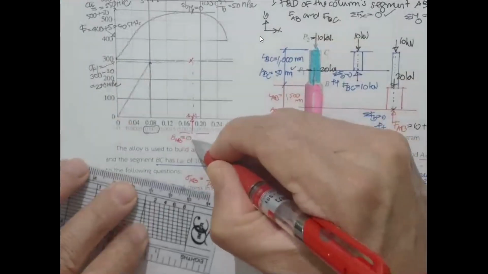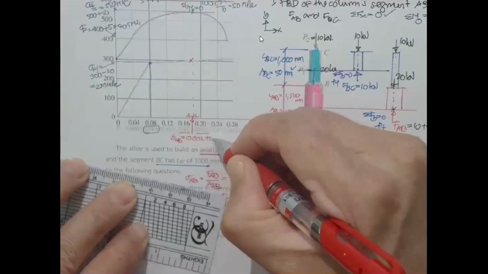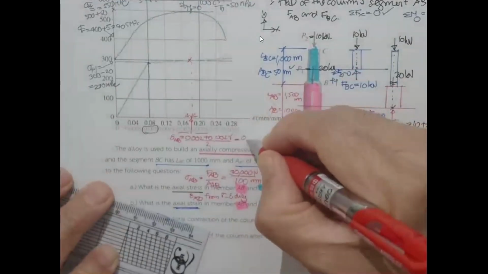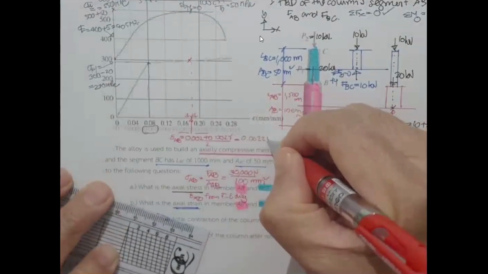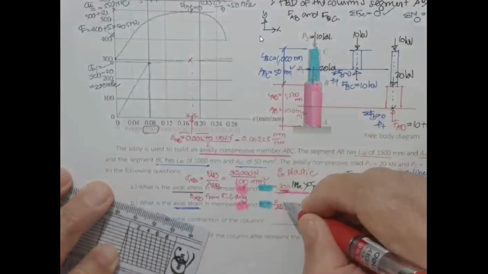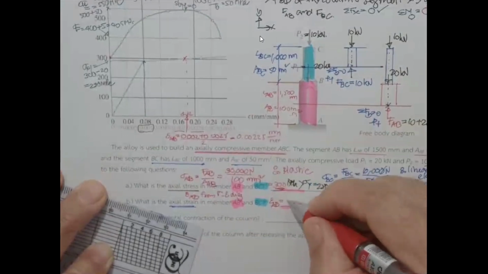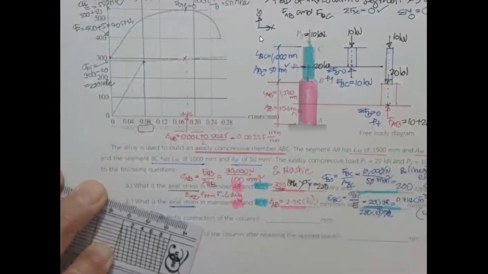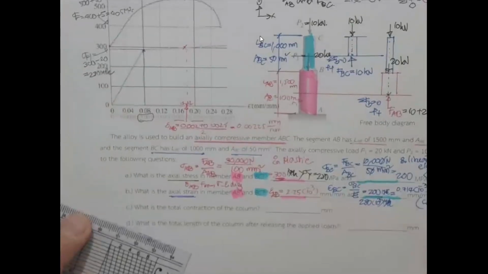It is going to be 0.002 plus 0.0025 divided by 2. You get 0.00225 millimeter per millimeter, or 2.25 times 10 to the minus 3 millimeter per millimeter. This is also contraction.